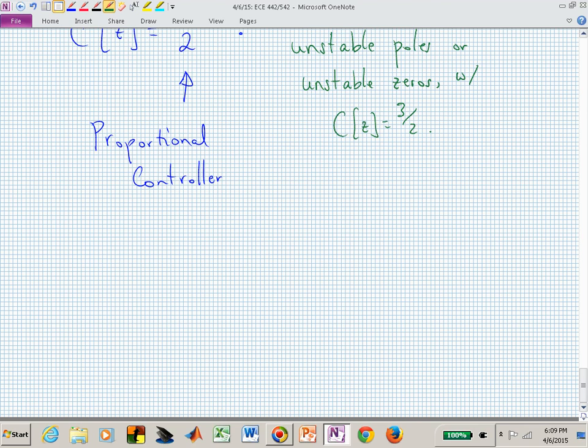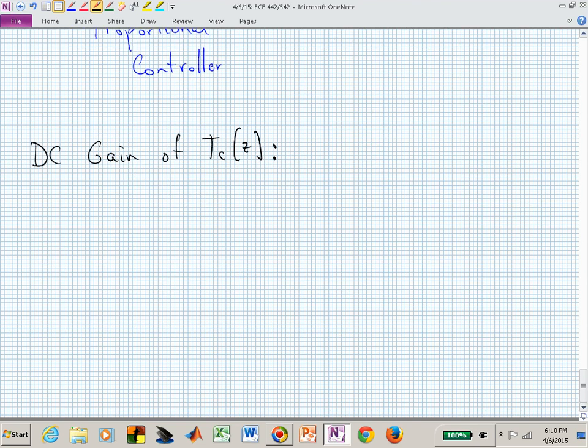Maybe. What's the DC gain? And why am I even asking about the DC gain of our desired, or of our closed loop system? Why am I interested in the DC gain other than, oh, it's a question on the exam?